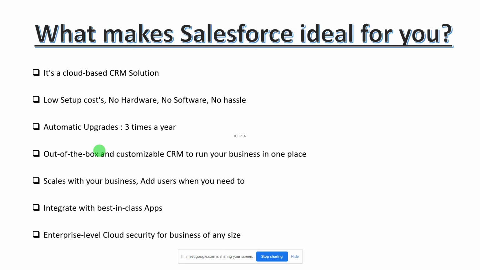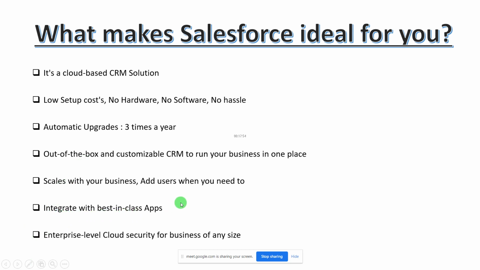What makes Salesforce ideal for you? Whatever we discussed in the last 20 minutes, we can see here. It automatically updates 3 times in a year. You need not go for updates, automatically it will be done. It's a low-cost setup, no hardware, no software, and it's a cloud-based CRM. Out-of-the-box customization CRM to run your own business on a small scale.